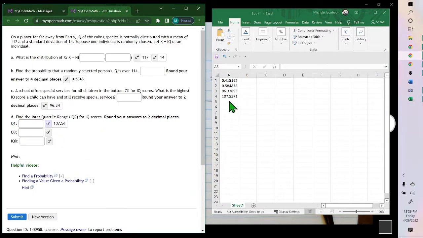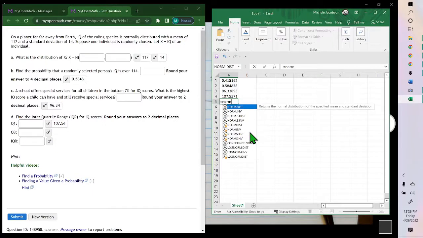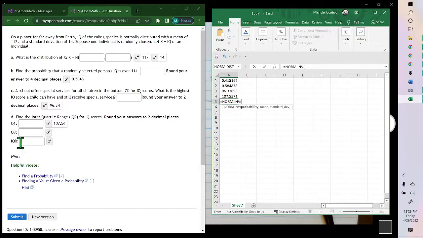For Q3, we do the same thing, equals norm inverse. And then our probability, the third quartile, 75% was below, so it's 0.75, and 117, and the standard deviation gives us 126.